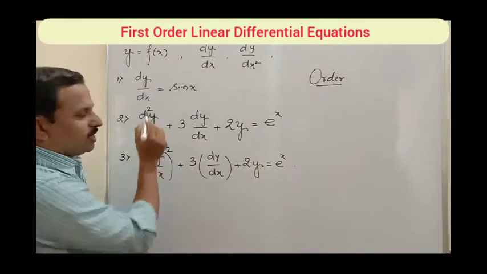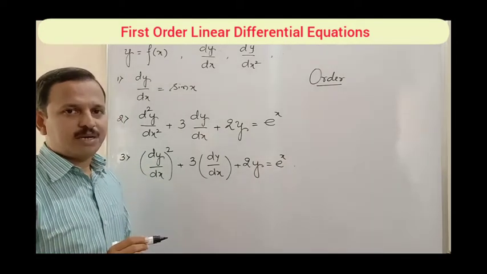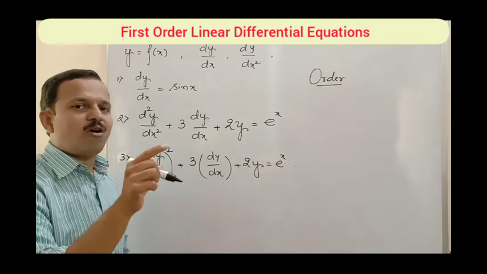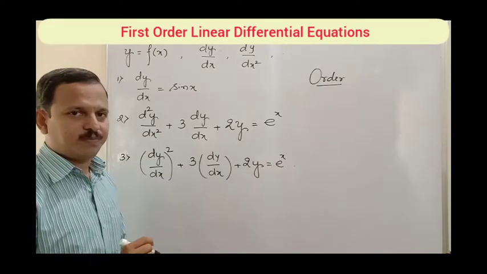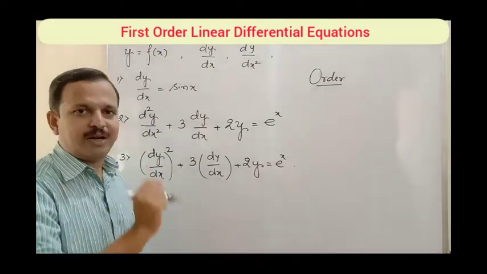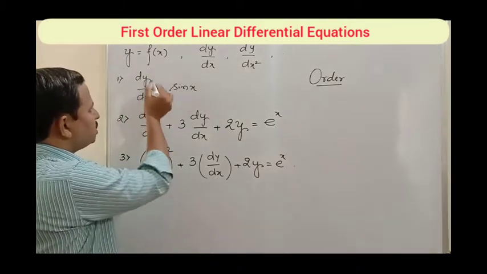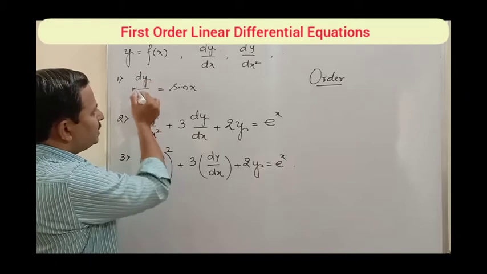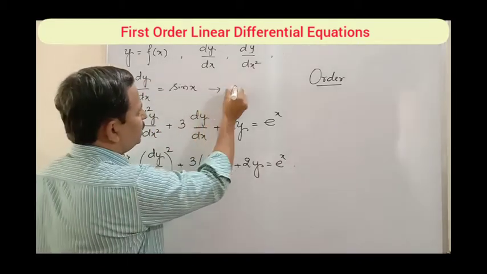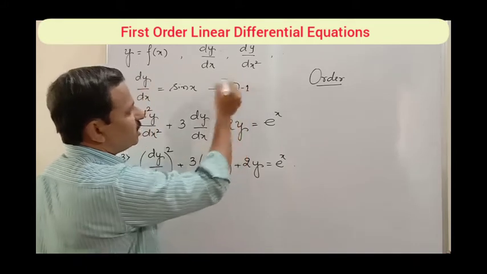In a differential equation, the order of the highest derivative term is called the order of that differential equation. In the first equation, there is only one derivative term, which itself is the highest, and its order is 1. It is a first order derivative term, so it is a first order differential equation. So the order of the differential equation is 1.